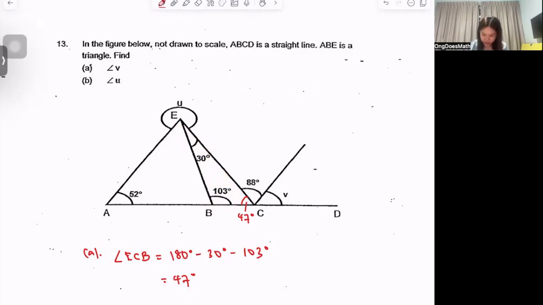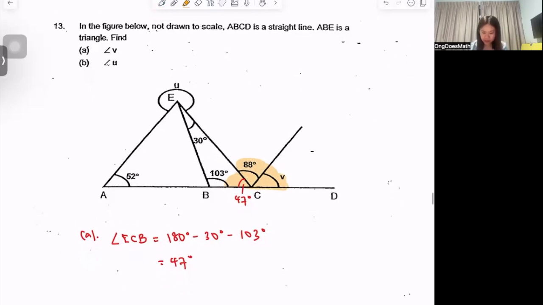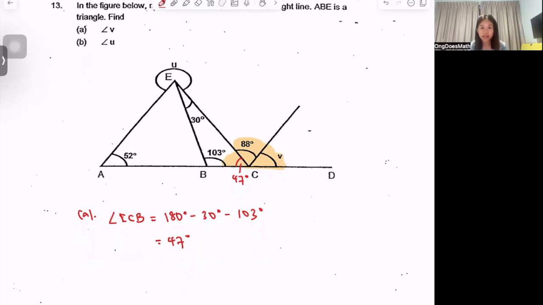Now we'll focus on angle V. How do we find angle V? Can you see that this is angles on the straight line? So we also learned that angles on a straight line should add up to 180, right? So to find angle V, we just have to take 180 minus 47 minus 88, which is 45 degrees.